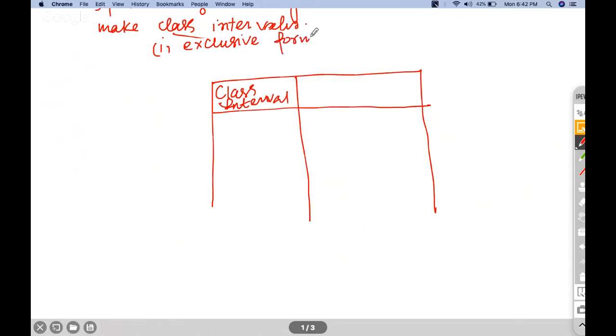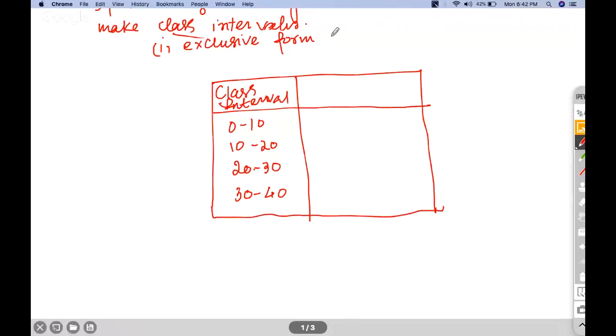So in exclusive form, I take from 0 to 10, 10 to 20, 20 to 30, and then 30 to 40. And this is the number of students, which is the frequency.